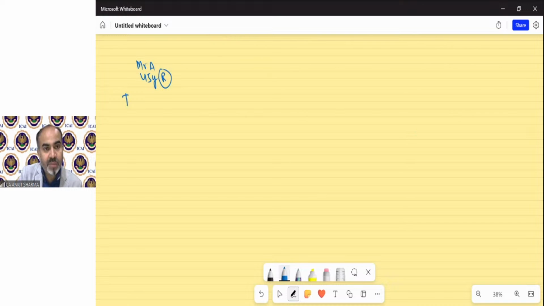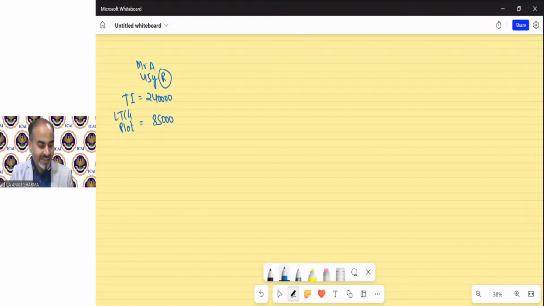His total income other than long-term capital gain is 2,40,000. Long-term capital gain on a vacant plot, that means not regarding shares, etc., it is other long-term capital gain, 85,000. Now they ask you to calculate tax as per normal regime and as per 115BAC. So let's solve this.